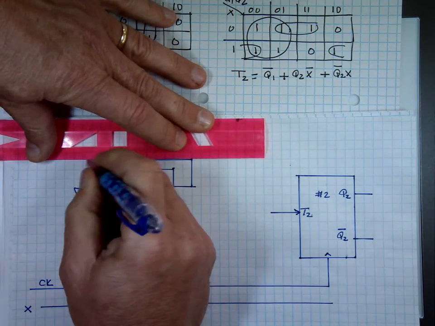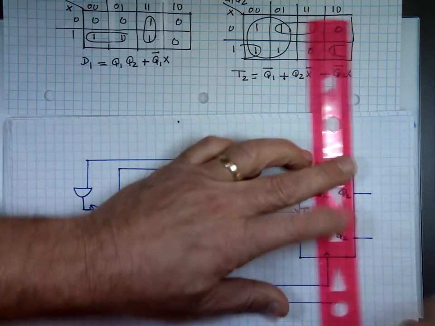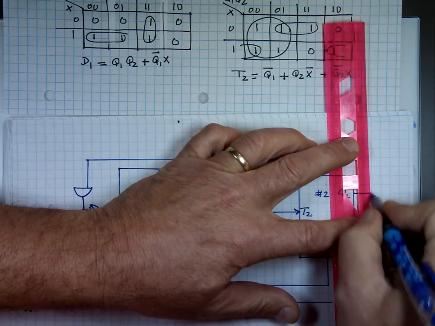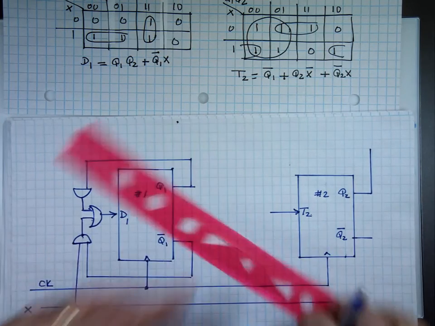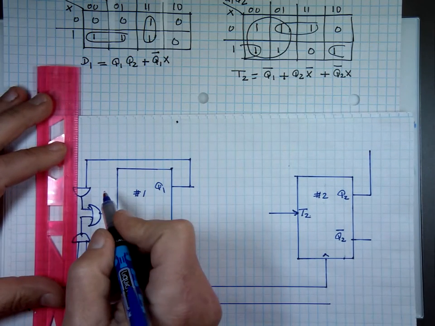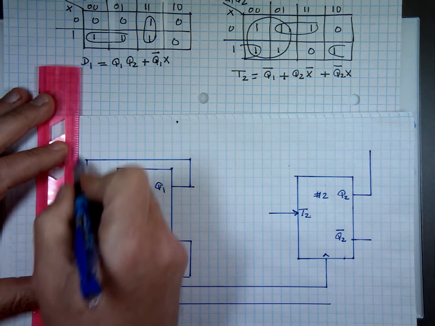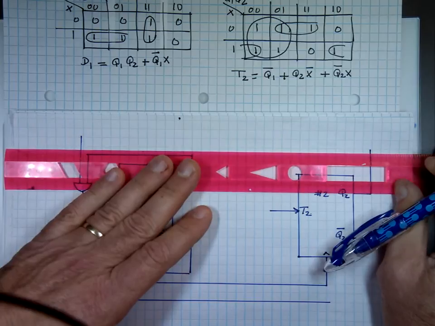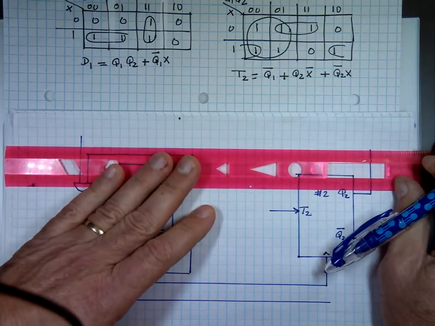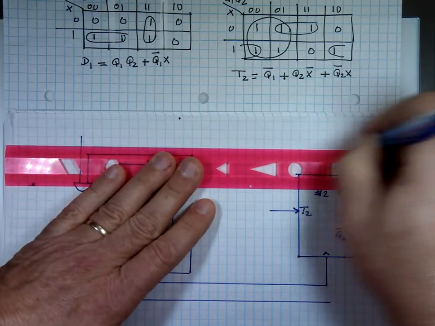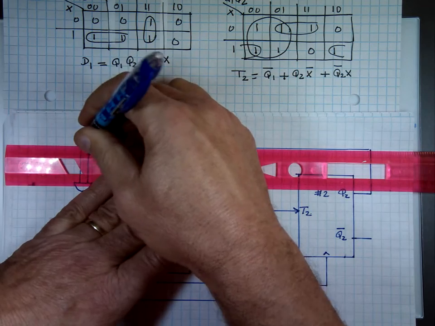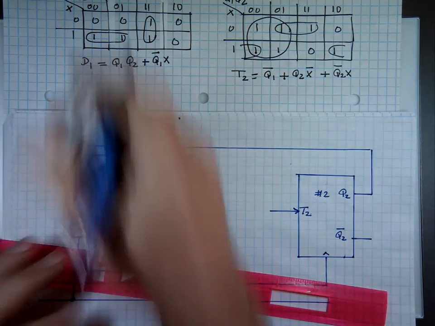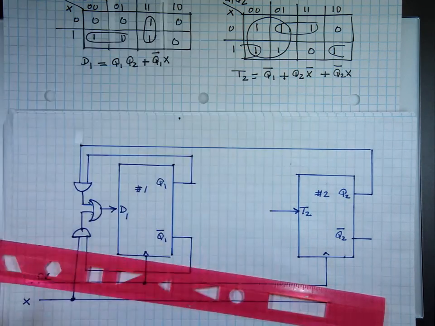And there's Q2. I don't need that. So that's the first flip-flop.